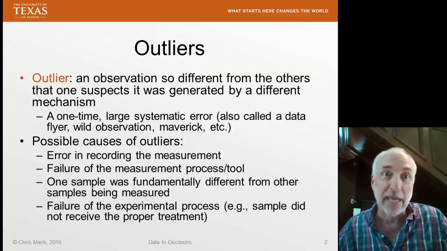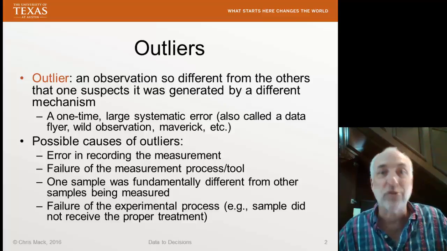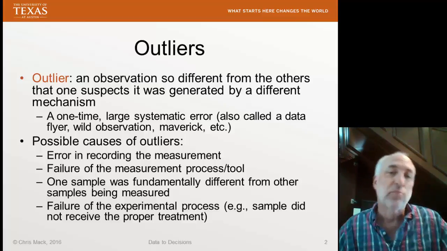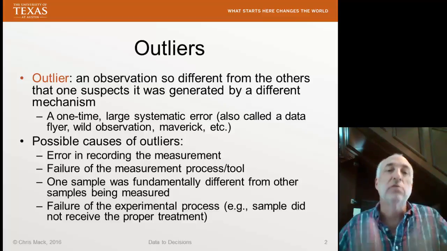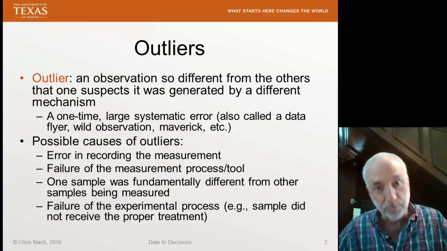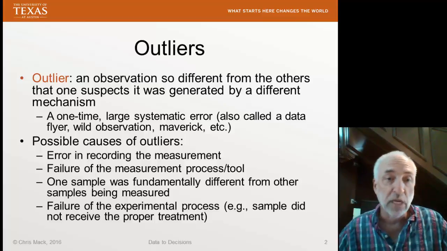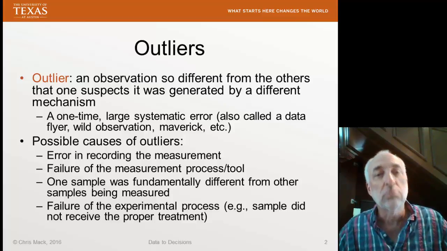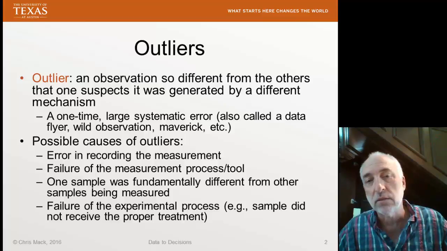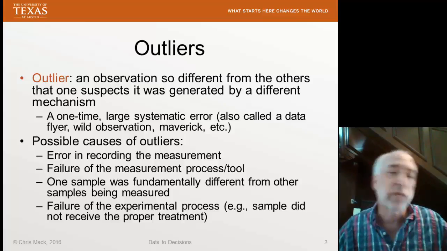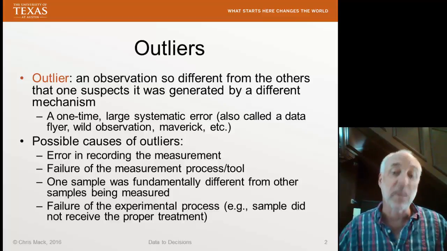You forgot to bake it. You forgot to add the reagent. You forgot to process it in the proper way. And so it's different than all the rest. And there can be failures in the experimental process as well. These are all systematic errors, problems that don't occur just because of random chance, but because of something that went wrong.